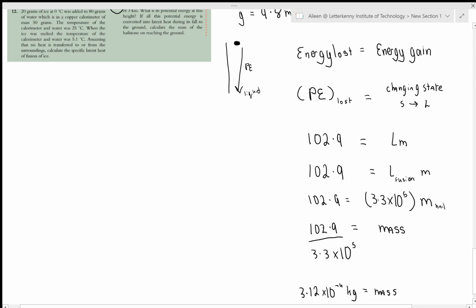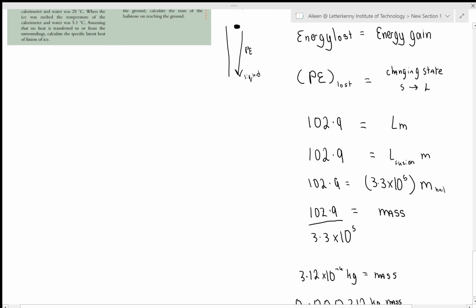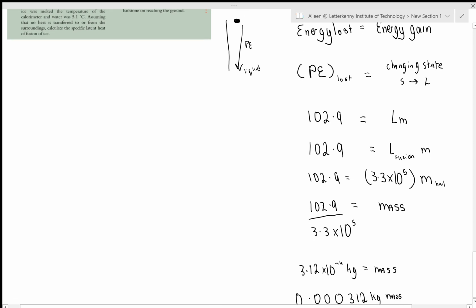So the potential energy lost as the object falls is given to the energy used for our hailstone to change state. Okay, so if your object is falling, the energy lost due to potential energy is equal to the energy gained by the object, in this case, to change state.